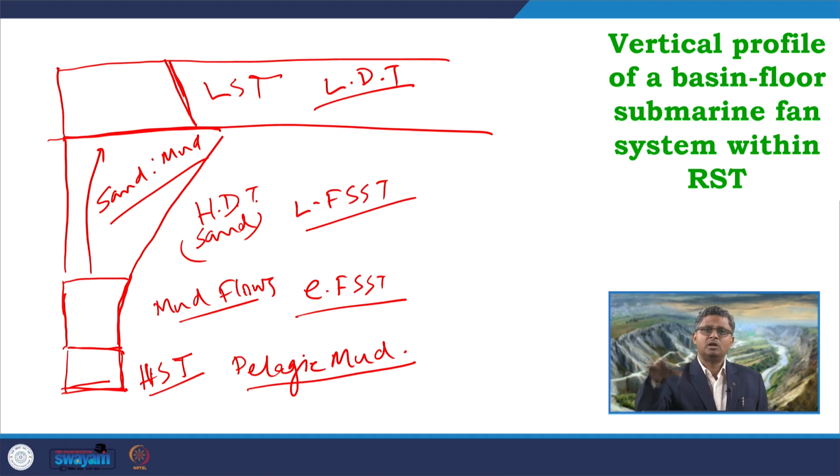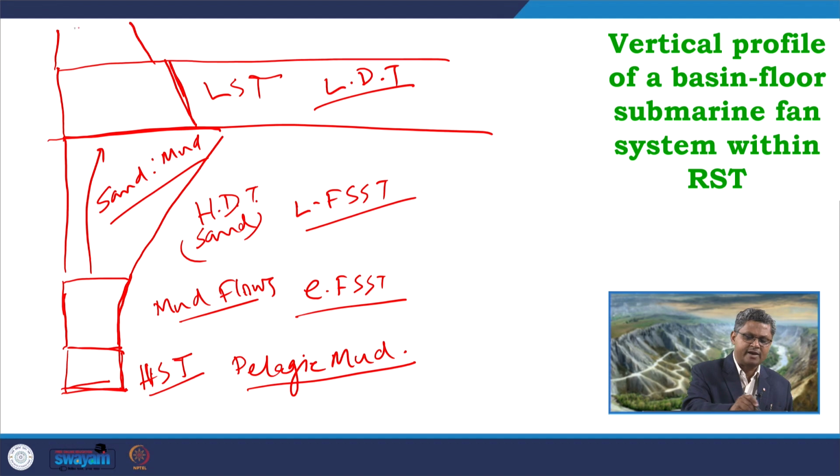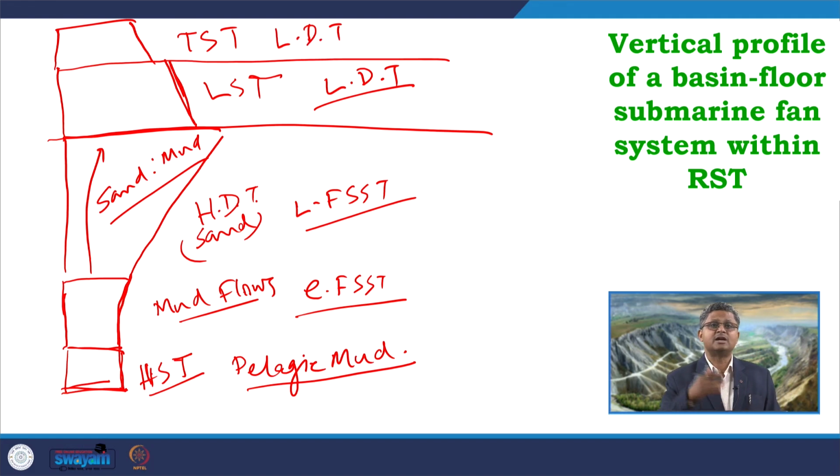So, individual turbidite deposits will be progressing forward, and this will be overlain by another fining upward succession forming during the next TST, which is again a low density turbidite, but here the sand proportion is further less with respect to the earlier phases, and now the turbidite deposits will show a retrogradational, backstepping pattern.